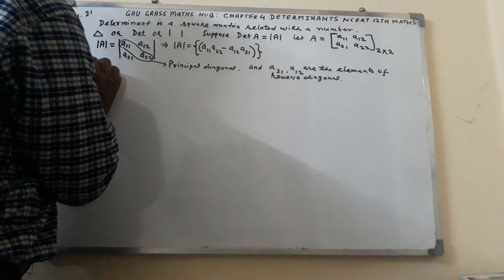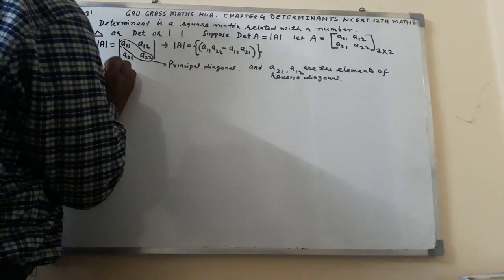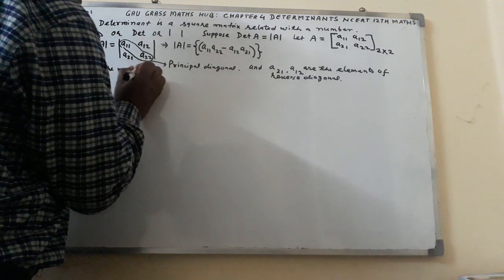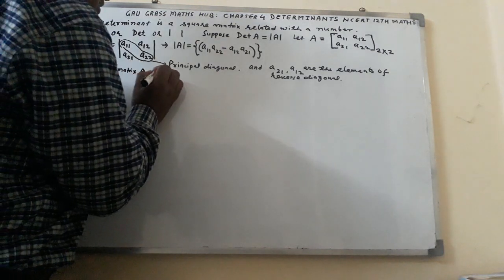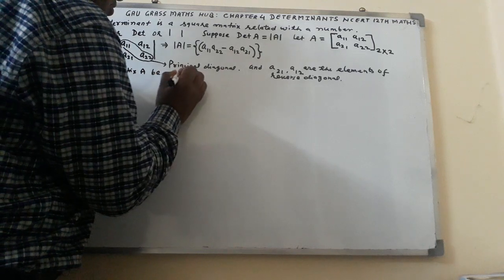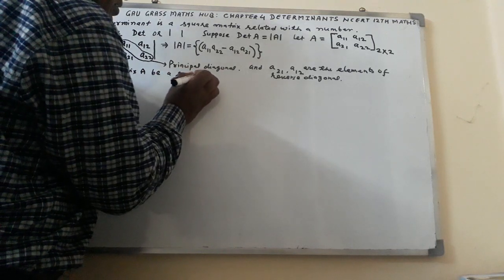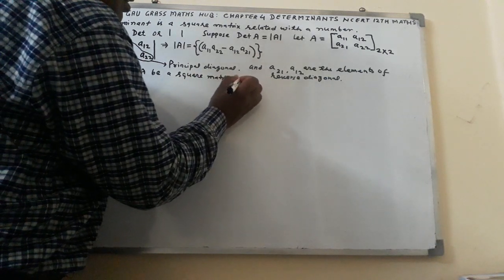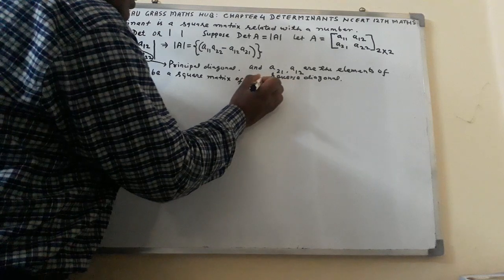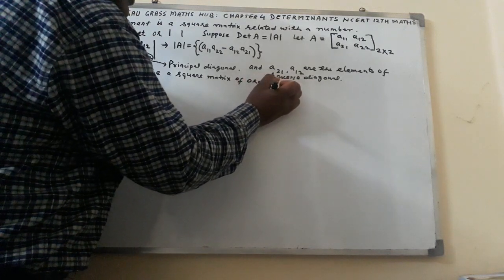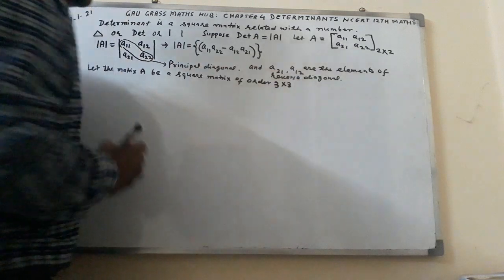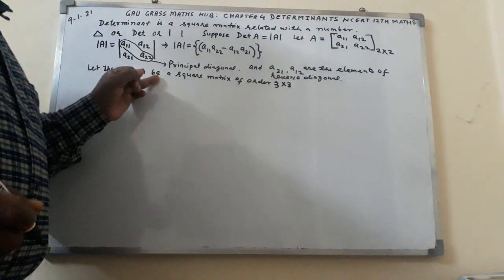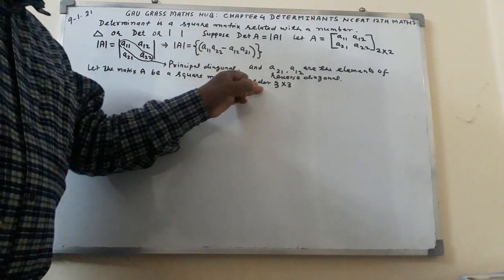Let the matrix A be a square matrix of order 3 cross 3. Here I have let the matrix A be a square matrix of order 3 cross 3.